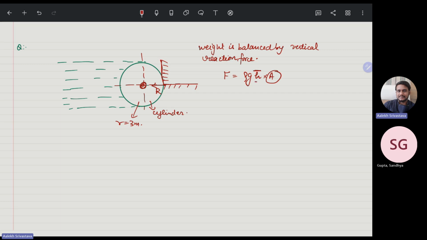H bar we know, that is your radius, because if I project this area, it's a vertical plate and this is the diameter, so half is radius. So rho is given, g is given. We don't know the area. So the clue is it is given that vertical force balances the weight of the cylinder.